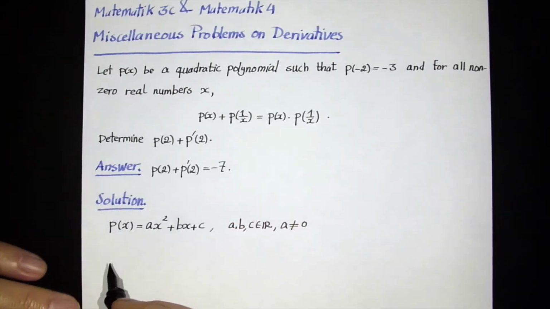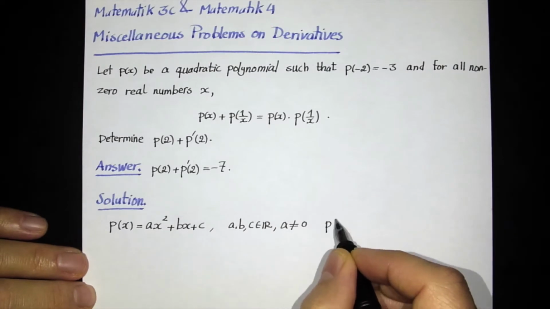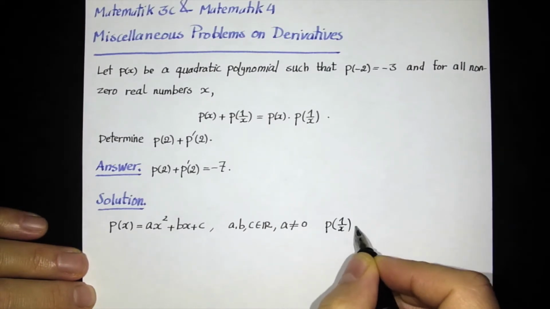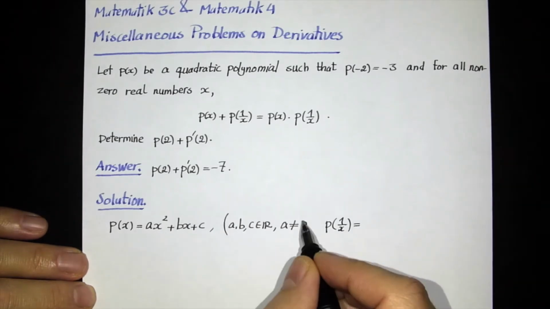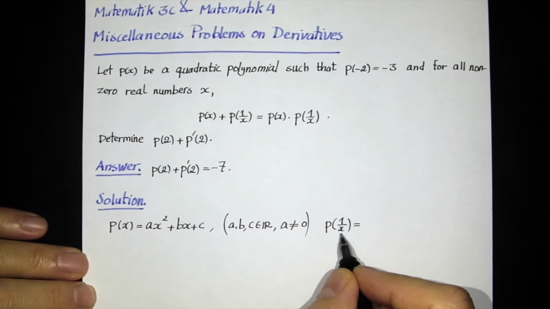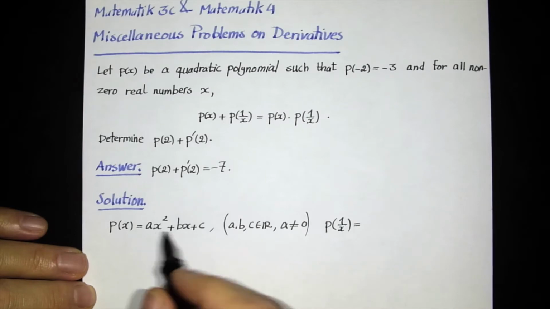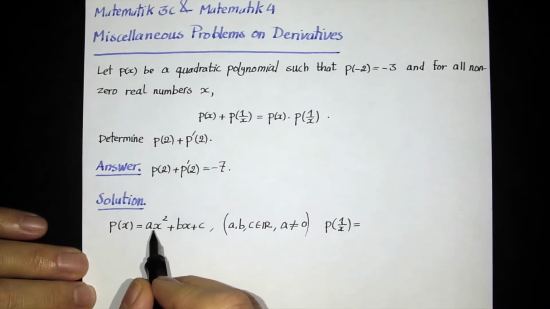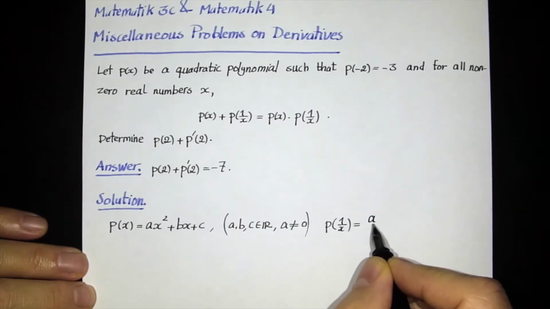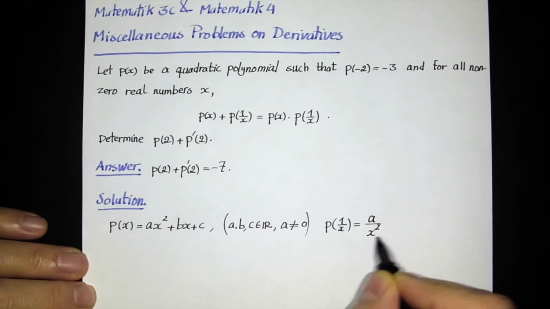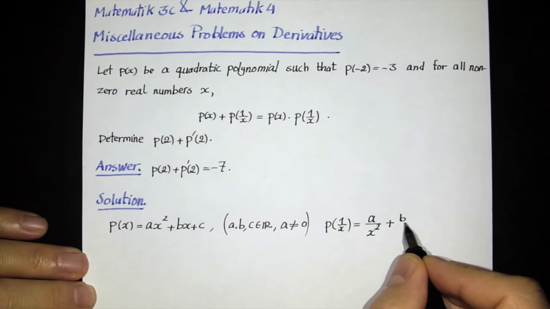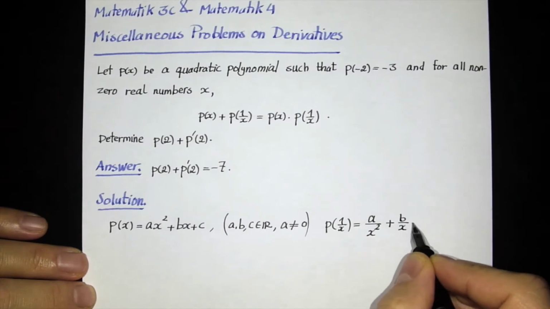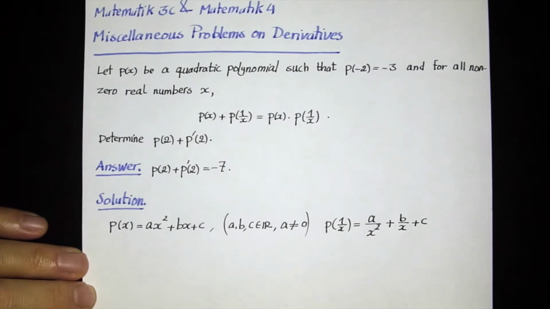So p of 1 over x becomes a, instead of x I put 1 over x, so it becomes a over x squared. Then again, instead of x I put 1 over x, it becomes b over x, and then I have c. So that is my p of 1 over x.